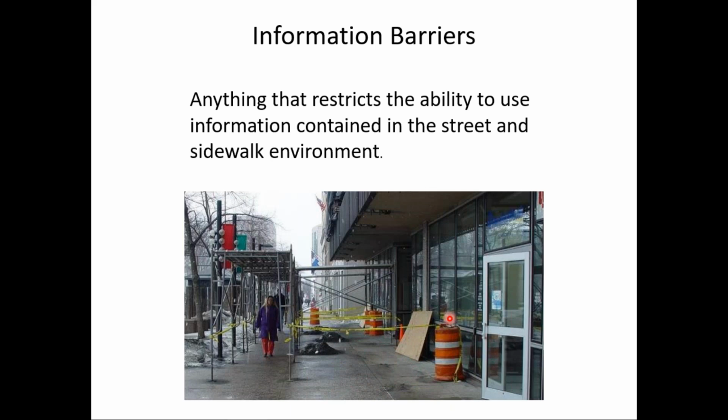Really, what should have been done here is, I'm not sure if that's one or multiple sheets of plywood, but if it's multiple sheets, you could simply put those sheets of plywood here to create a detectable barricade, and the blind pedestrian would go to their right or their left until they found a path around it. And to the credit of whoever set this up, they didn't set it up properly in terms of detectability or closing the sidewalk, but you can see they did provide or attempted to provide an alternate pedestrian access route.